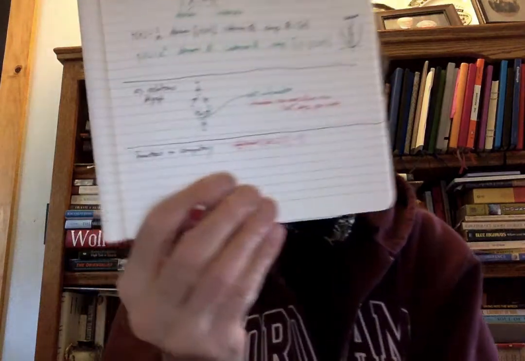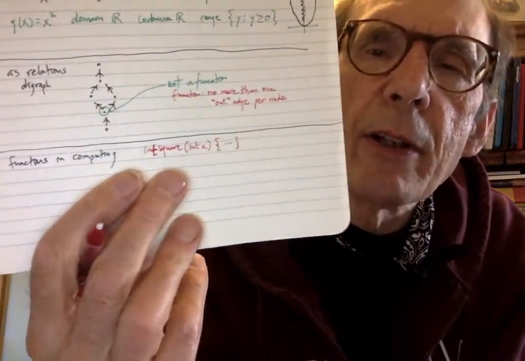In C, and this would apply to other languages as well, but I'm old and I use C, you have something like int square(int x). My int seems to look like an F, that's confusing, sorry. So this is how you declare a function in C.